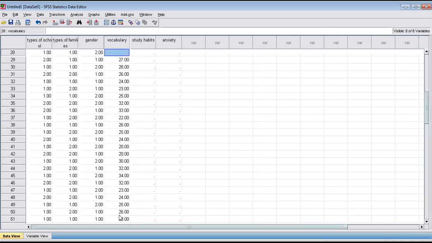I'm about to complete the entry of the data of the variable vocabulary. I have already data, but I thought I should first explain how to enter the data, and then of course, whatever data I have, I will be using it.